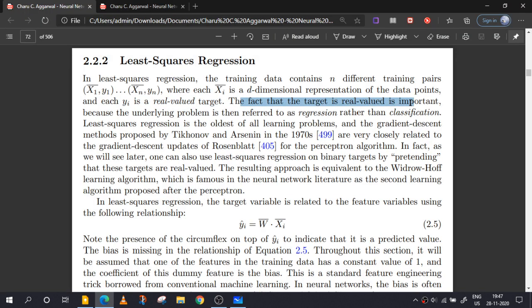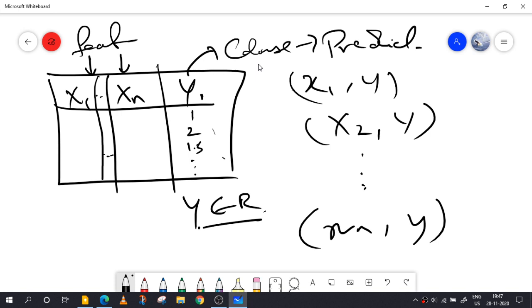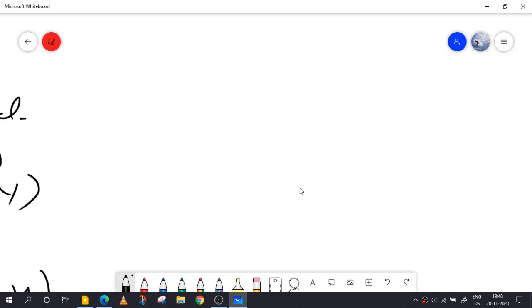The fact that the target is a real value is important because the underlying problem then refers to regression rather than classification. Regression basically implies that the class label you're trying to predict is a real number, and classification basically means that the class label you're trying to predict is a class.